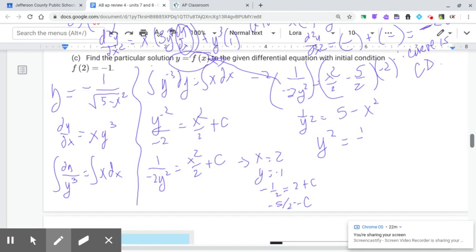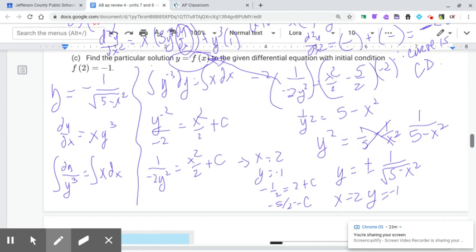So it's not 1/5 minus 1. It is 1 over 5 minus x squared, and they're not the same. And then y is plus or minus 1 over the square root of 5 minus x squared, and I need to choose. Based on the fact that when x is 2, y is negative 1, I need to choose the negative. So y is negative 1 over root 5 minus x squared.